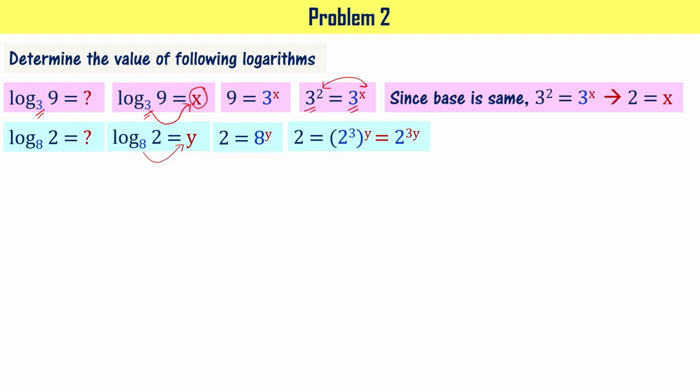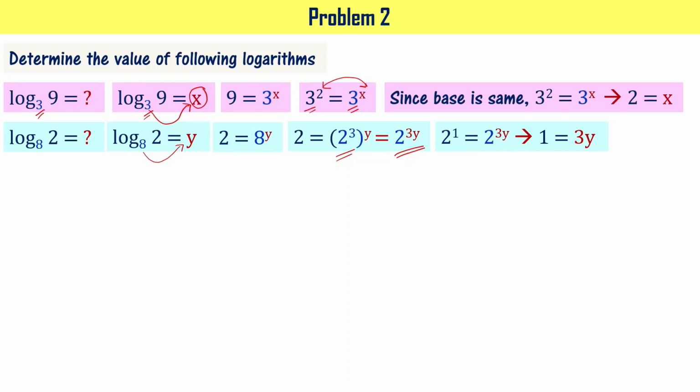So I know that 8 can be written as 2 cube. So 8 power y can be written as 2 cube whole power y, that can be written as 2 power 3y, right?